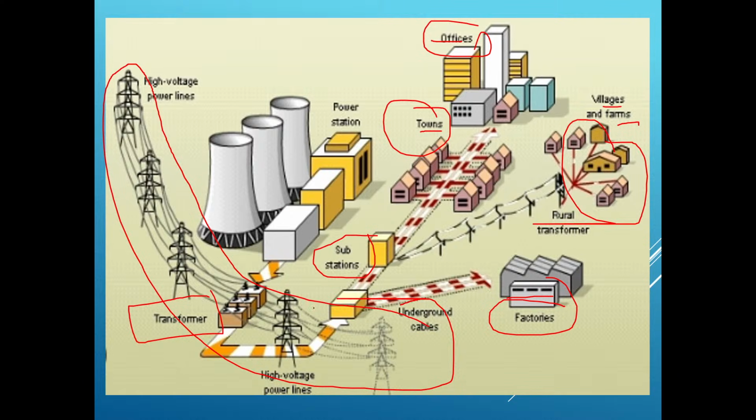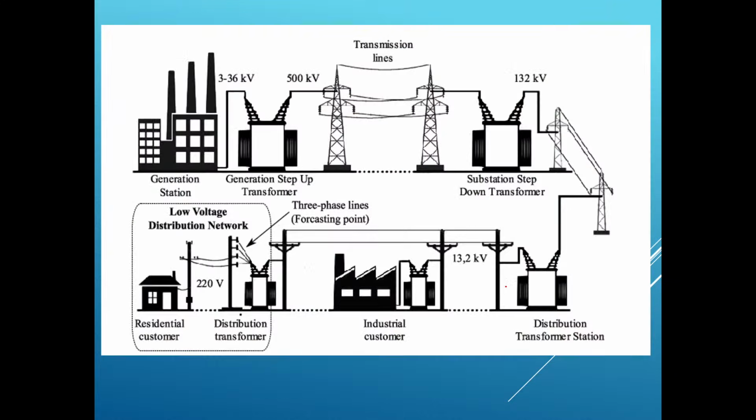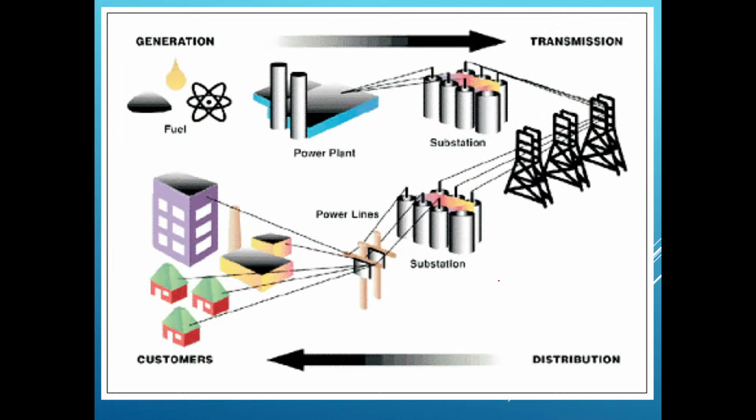Here you can see in this image, these are the factories, and even in railway stations. The industrial consumers are a very important load, and they pay more amount.